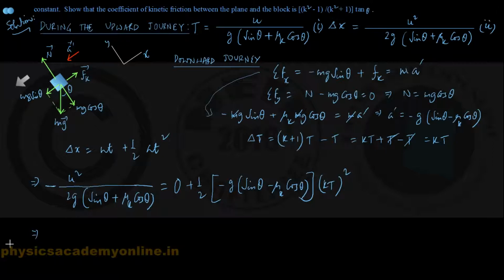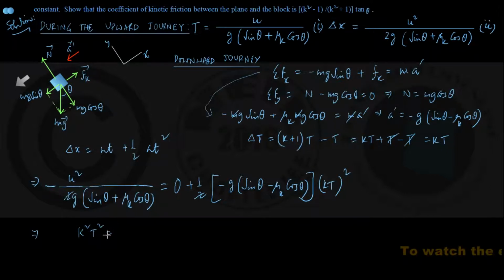In the next step, as you can see from both sides, this 2 is cancelling out, and we are having k square into T square. Just do with me and corroborate my steps. K square into T square, and also the minus sign I can see is going off on both sides.